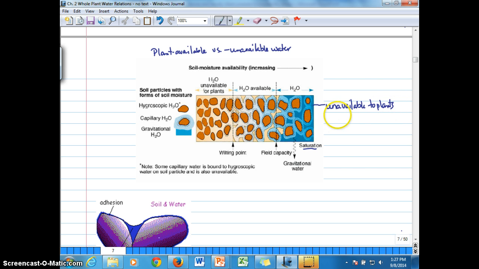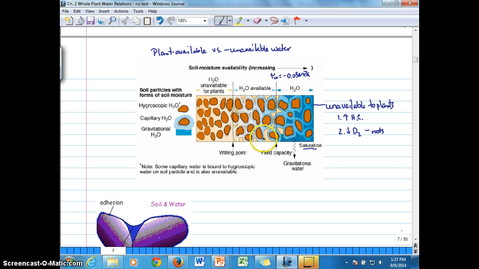Number one, it has a high rate of hydraulic conductivity, and number two, it has a low oxygen content, which is a problem for roots. Okay. Then you see that as we drain the soil, we get to the field capacity level here, which again has a water potential of around negative 0.03 megapascals. Then we have our available water.